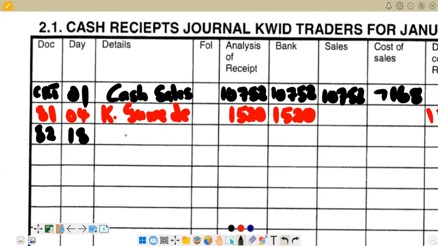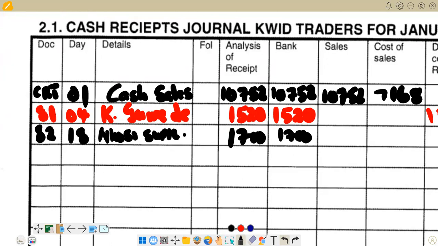And then our details is Suppliers, and our amount is 1,700. We are going to put it under analysis of receipts. Then we put it under bank again, same amount. And we are saying it's a refund from a creditor.